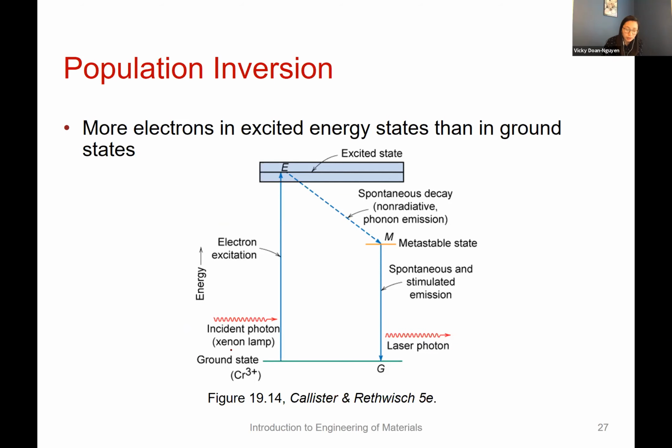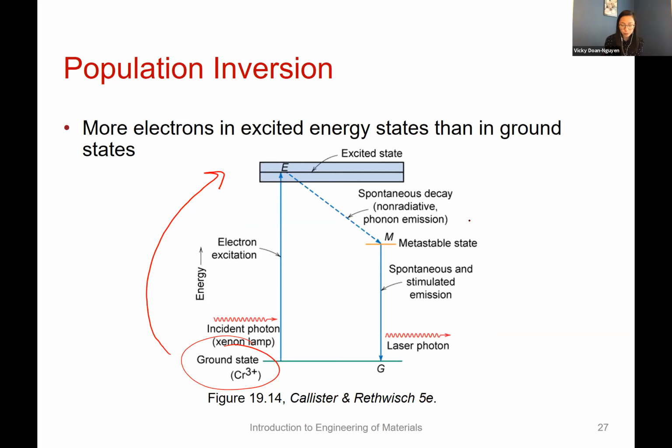Typically, let's say you have this ruby laser, our favorite material. It has some chromium in it. When you have a xenon lamp that puts out wavelengths of 0.56 microns, that has a certain amount of energy. That is enough to excite electrons from the ground state to some excited state.